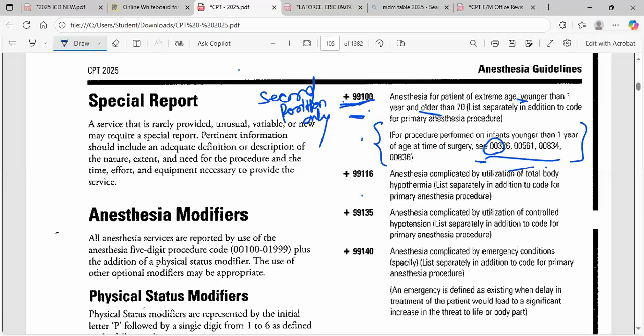Total body hypothermia means that during the anesthesia we have to reduce the temperature of the patient, and then we have to use this code. So your medical documentation should state the reason why there is a need for hypothermia, and any condition which represents why the anesthesia is given at a low body temperature in a hypothermic patient.